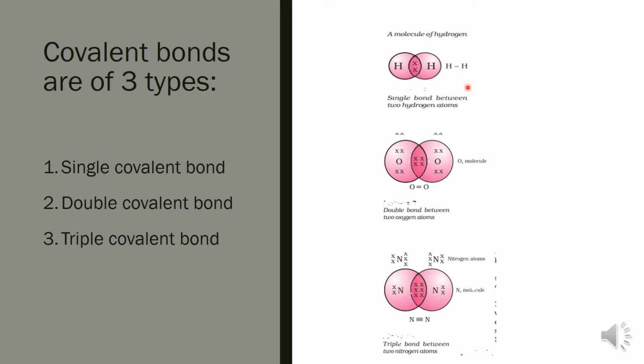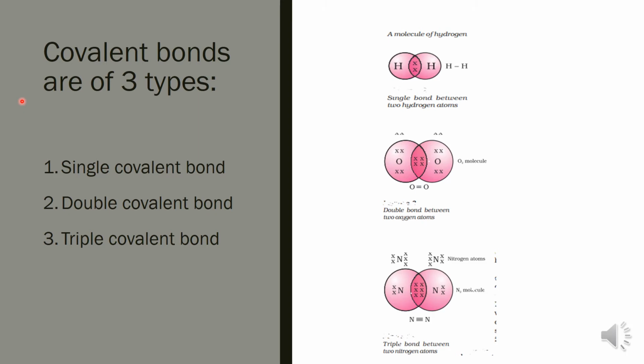Children, in this way, another example is Cl2. Both the chlorine atoms require one electron, and they bond together with a single covalent bond.